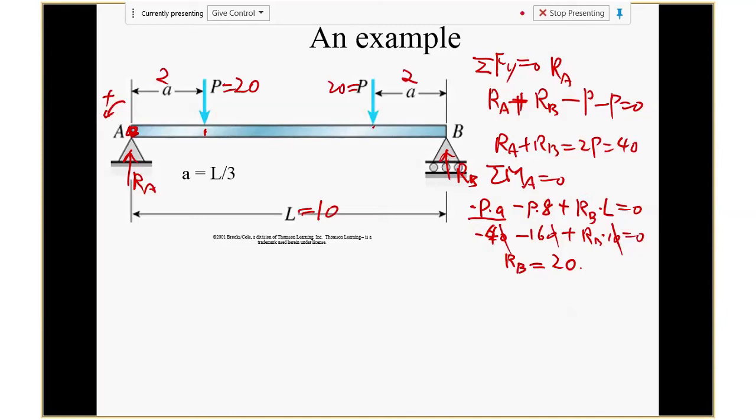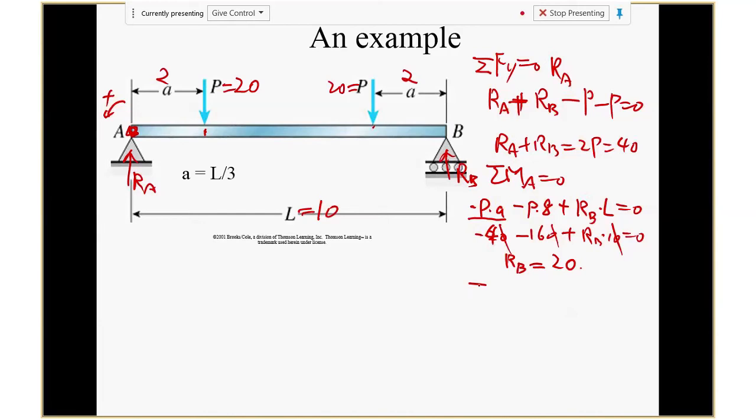Now what's RA? You can take it back. You get it confirmed, 20. Here's one suggestion. Because many times we make mistakes determining RA, RB, before you move on to draw the VM diagram, do another check. How to check it?